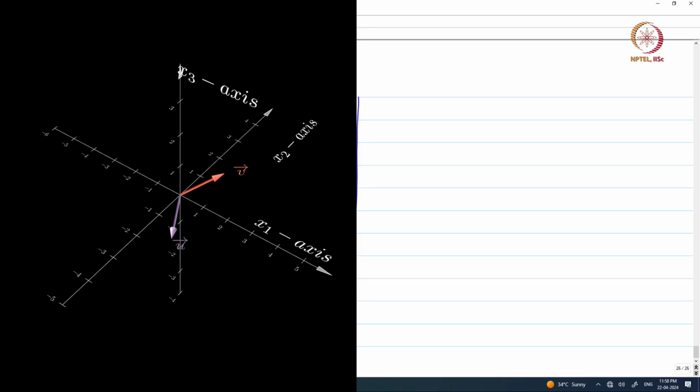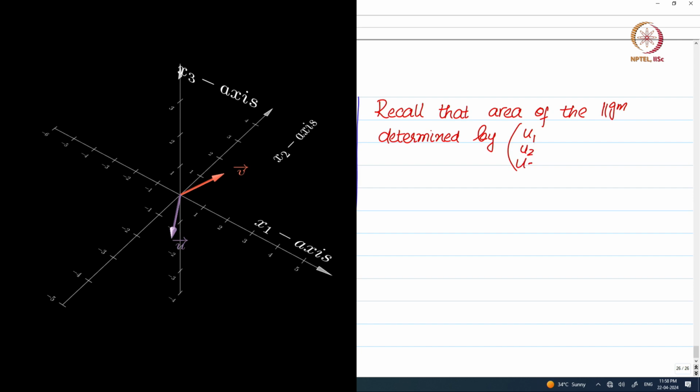Now, recall the area of the parallelogram determined by (u1, u2, u3) and (v1, v2, v3); let me call that parallelogram pi.